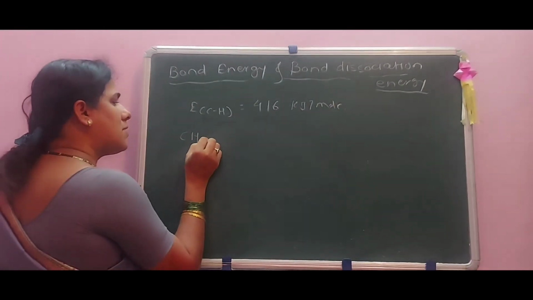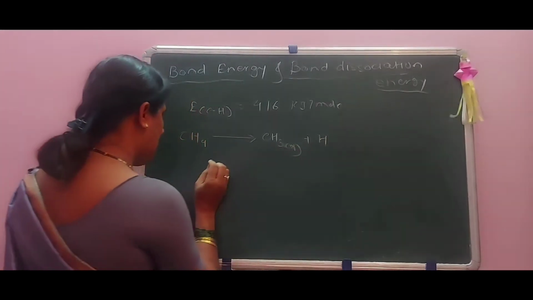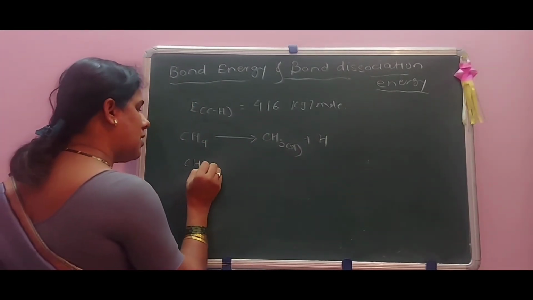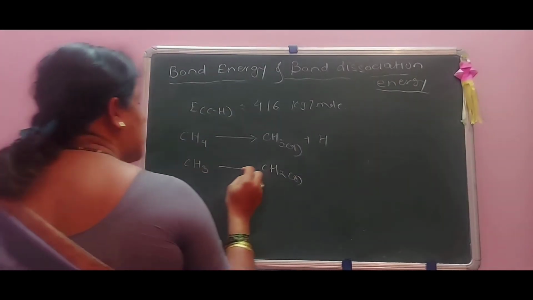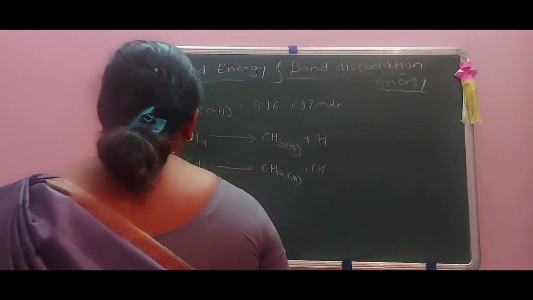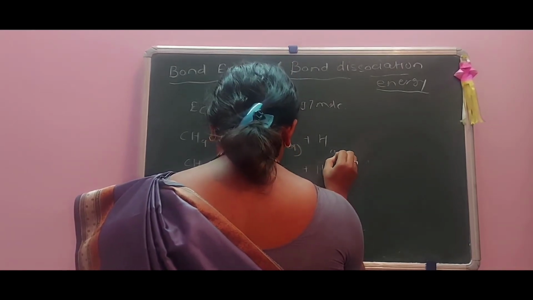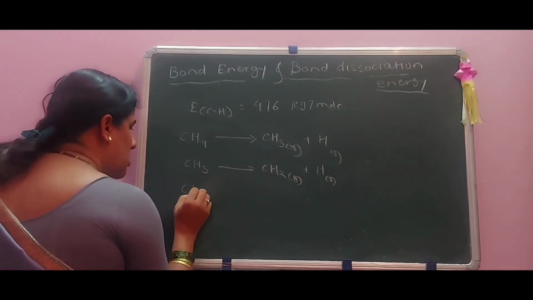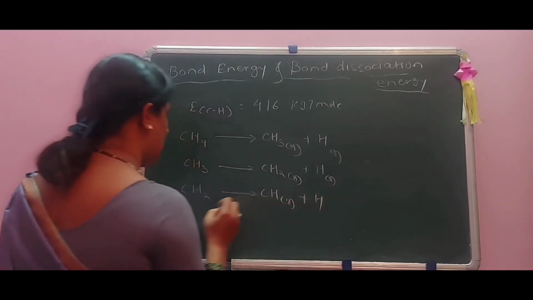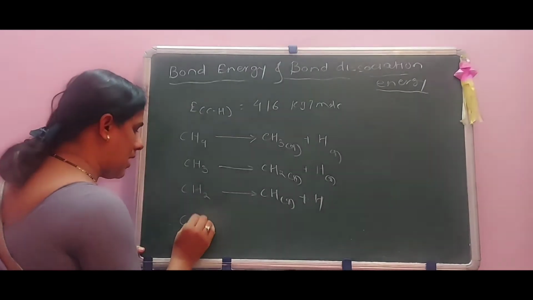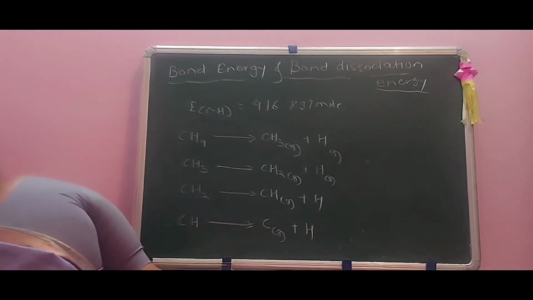But the dissociation of CH4 is, is it, CH3 plus H. Here also CH3 goes to CH2 gaseous state plus H. Now the third reaction gives CH plus H, gaseous state. Also here CH2 gives rise to CH gaseous state plus H, and here also CH gives rise to C of gaseous state plus H.